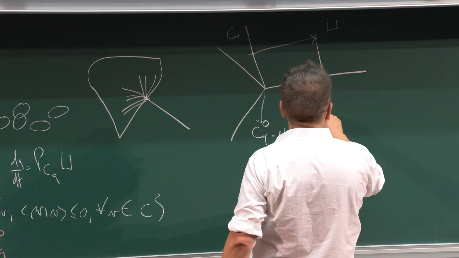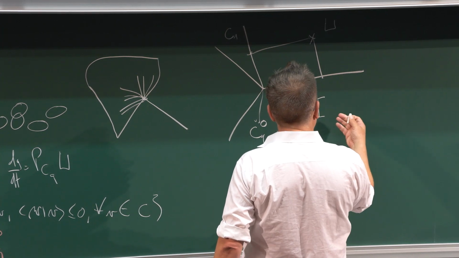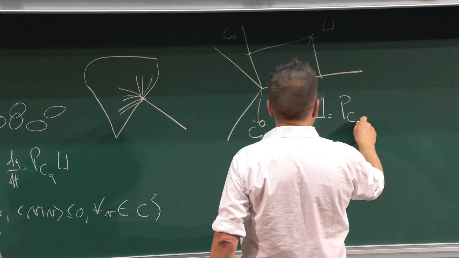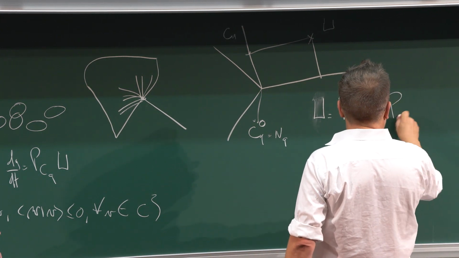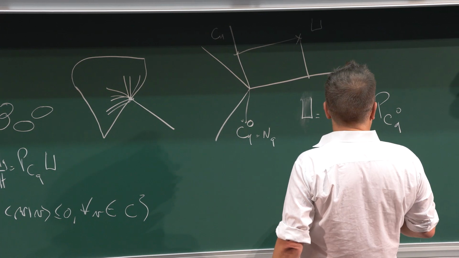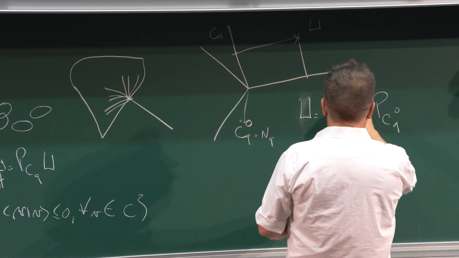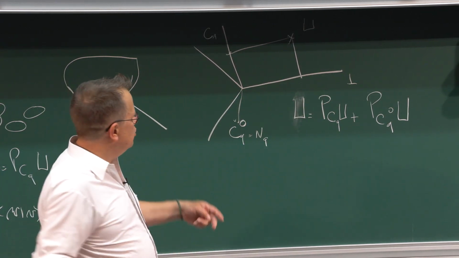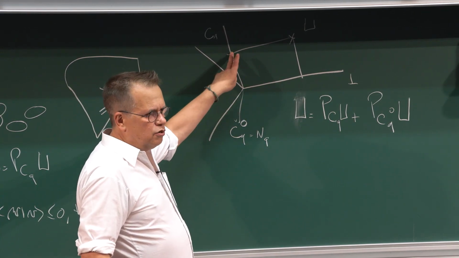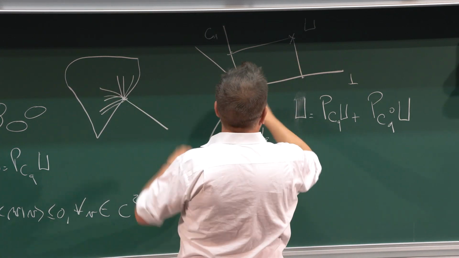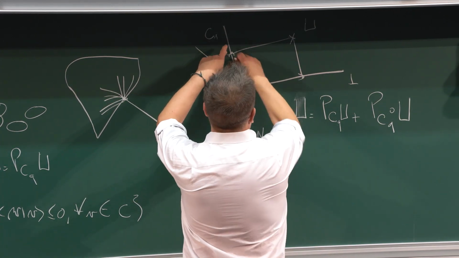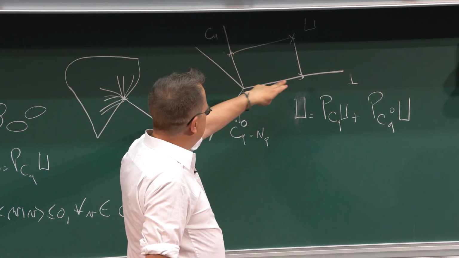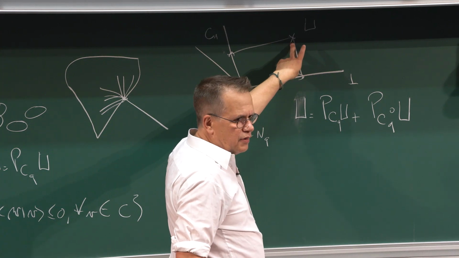So what is written like that, you can write that for any u, u is equal to the projection on C_q plus the projection on C_q naught. And those two are orthogonal. So I hope it's clear. It's quite natural, actually. You have the cone, and you make a decomposition. You can establish that those two are orthogonal, and that the sum of them is the vector that you had.